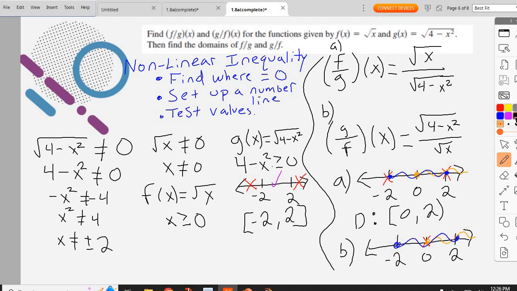So what's the only difference going to be in my domain this time? It's going to have a parentheses around 0. And can we equal 2 this time? Yes, so it's going to have a bracket around 2.